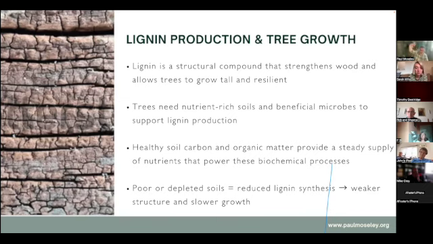And so it's actually happening from two different ends. So when you've got depleted soils, washed out soils, or soils that are constantly getting disturbed or compacted, then you suddenly make it harder for the tree to produce that lignin.